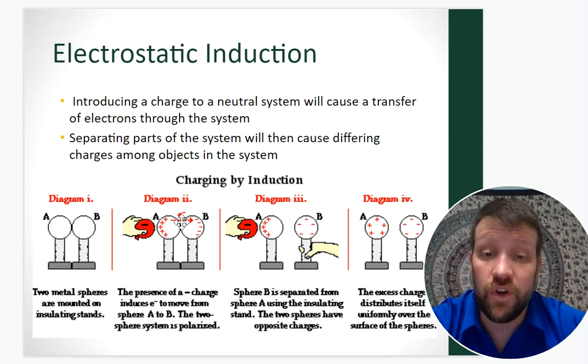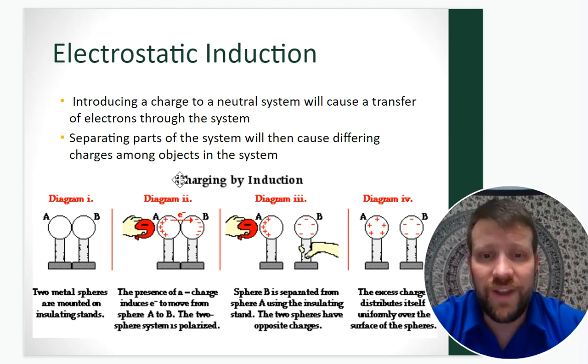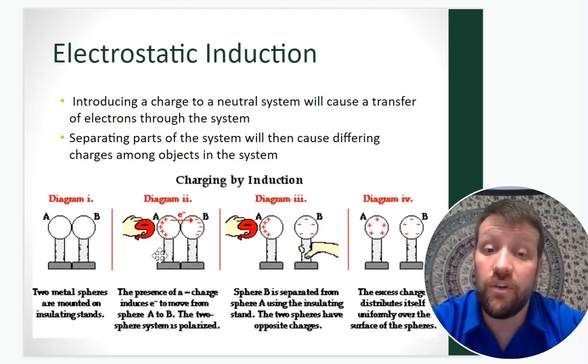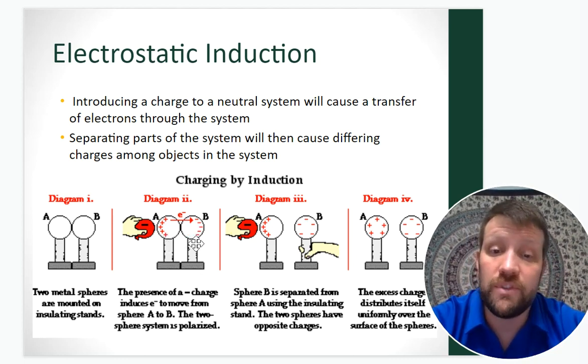As we bring it closer, reminder, in conductors, charges are allowed to move more freely. And so we've got these two metallic objects, and with the negative here, all of the positives are going to move towards it. So the positive charge buildup is going to happen over here on A because opposites attract. The negative charge buildup is going to happen over here on B because likes repel.